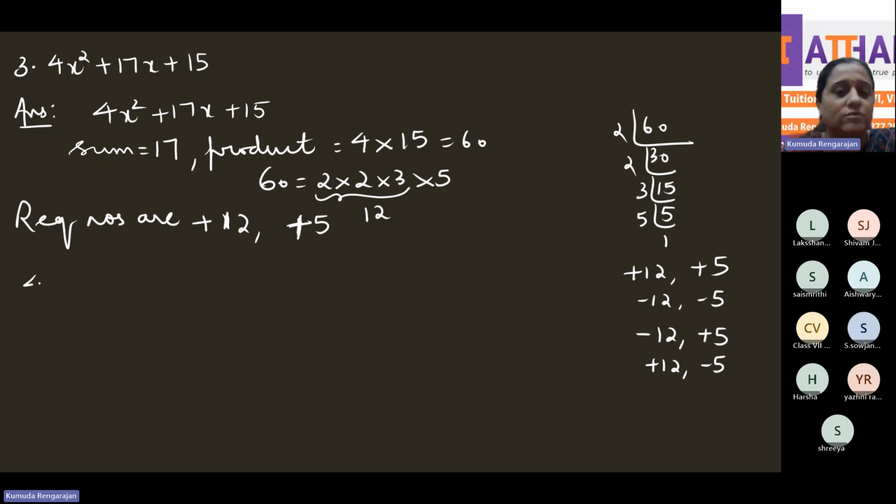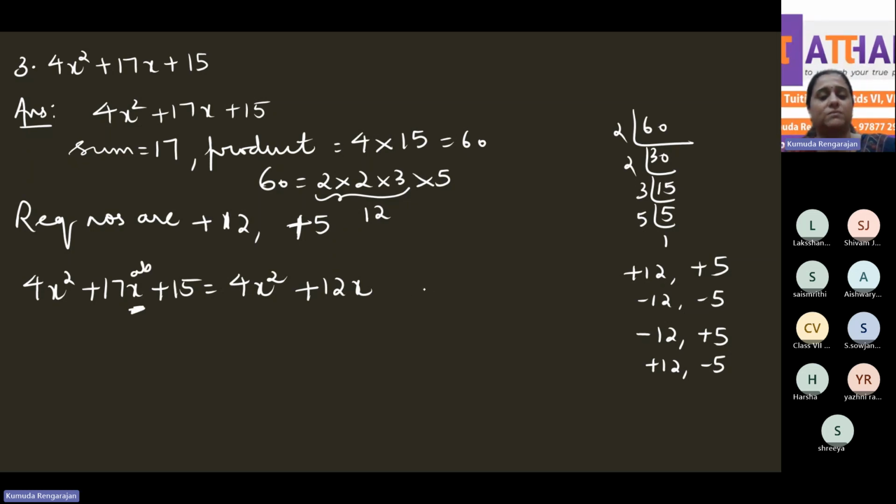So now split the middle term. 4x squared plus 17x plus 15 is equal to: write 4x squared as it is. How do we split the middle term? You must use 12 and 5, plus 12 and plus 5. The middle term is an x term, so you should write plus 12x plus 5x. If it is ab here, you should write 12ab and 5ab.